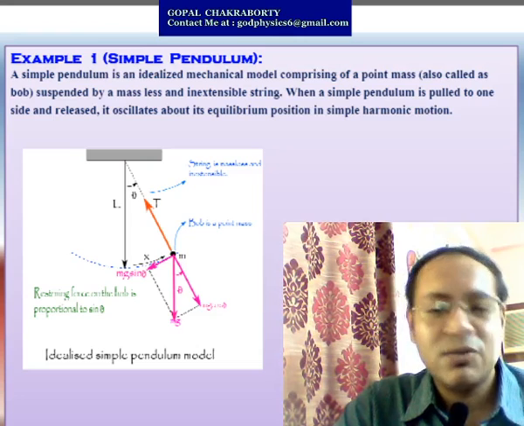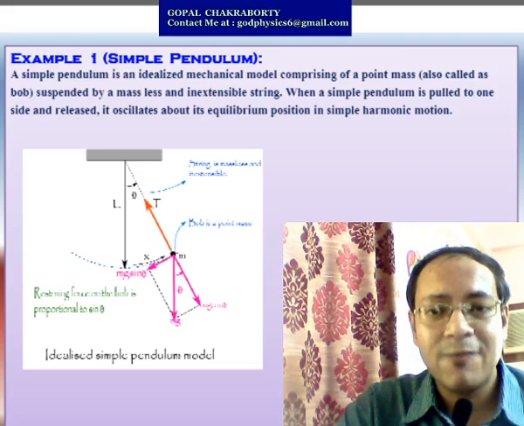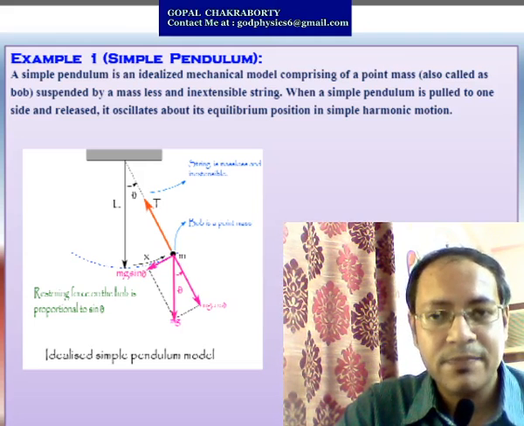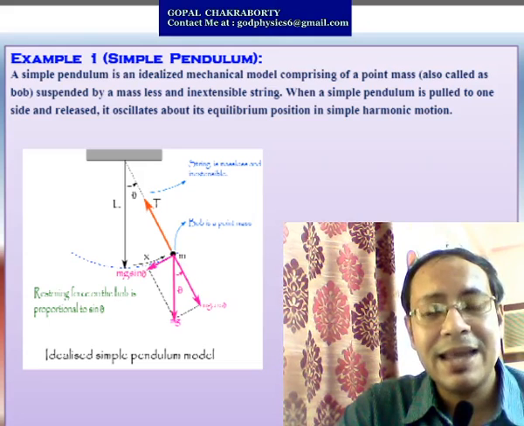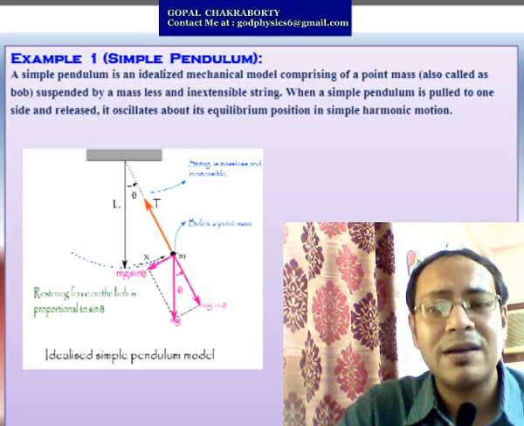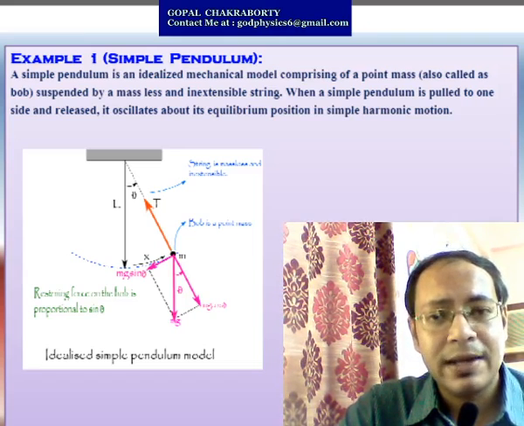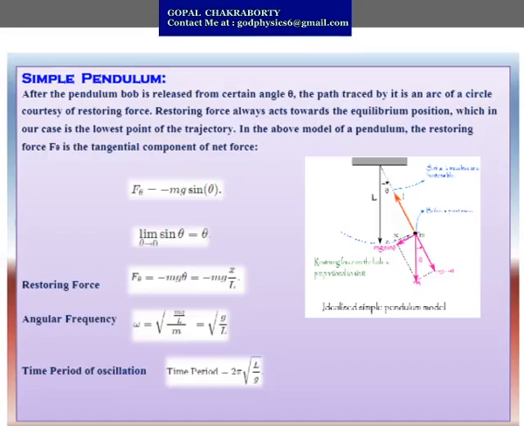So you can equate the mg sin theta value with our restoring force. Here L is the length of the string and theta is the angle, which is very small. For simple harmonic motion, it must be less than 4 degrees.